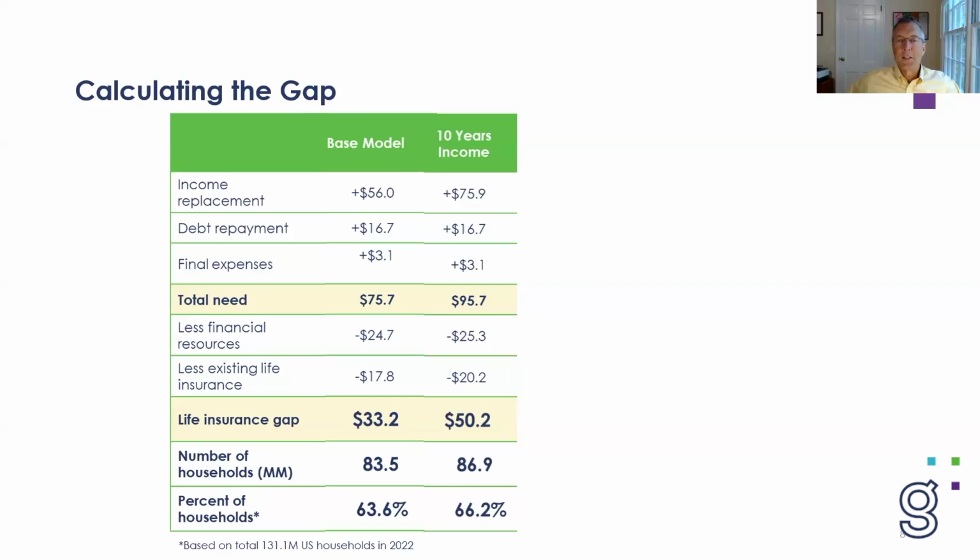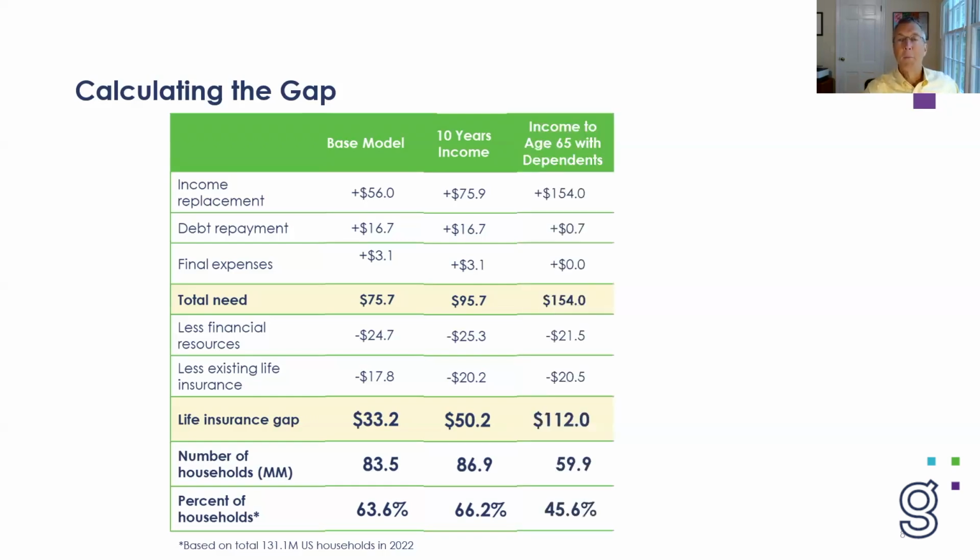If we instead were to say, well, what if we looked at 10 years of income instead of 7, the opportunity jumps up to $50 trillion, and a few more households. Another way to look at this is, what if we, for those who have dependents, had income that just replaced their income for the rest of their expected earning years. I use 65 here.